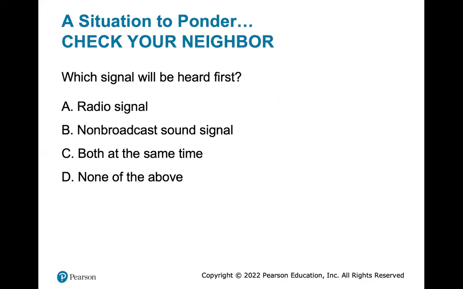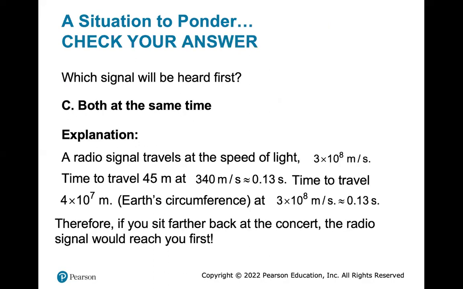Well, it's kind of a trick question. There's no way to automatically calculate this off the top of your head. So here's the explanation. Both at the same time. A radio signal travels at the speed of light, 3 times 10 to the 8 meters per second. Time to travel 45 meters at 340 meters per second is approximately 0.13 seconds.